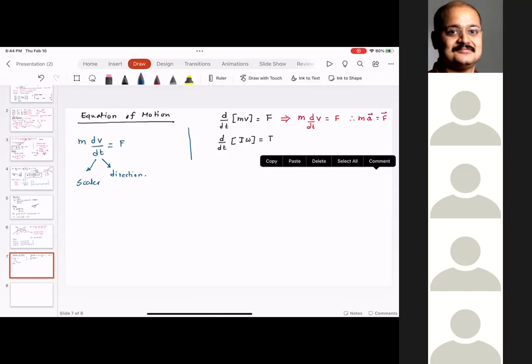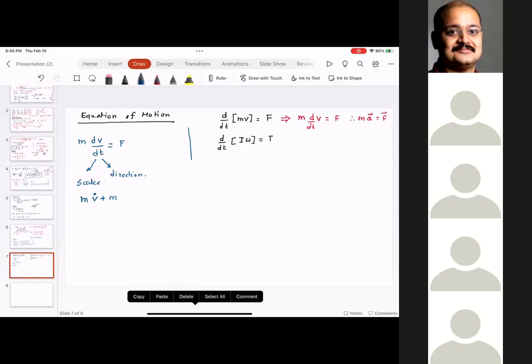However, v is a vector, so the right way to write this equation is m multiplied by the scalar part of v, which is v dot, plus m multiplied by the direction part of v, and that could be in the i direction, j direction, or k direction.